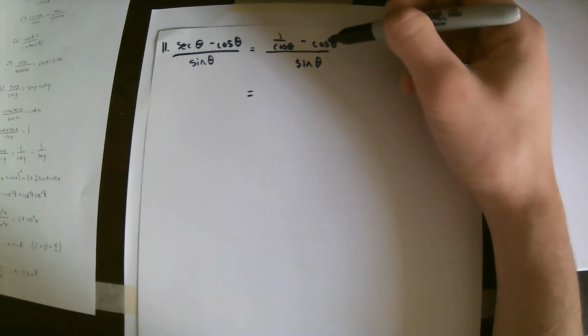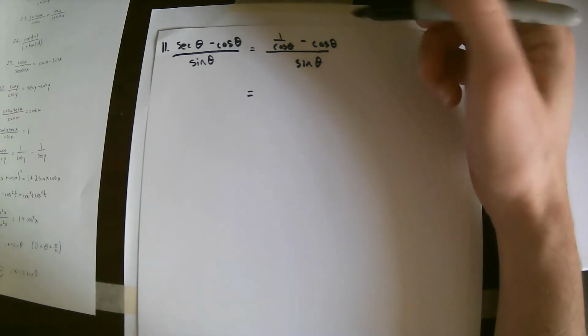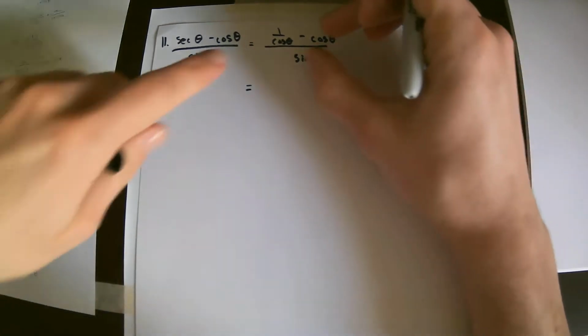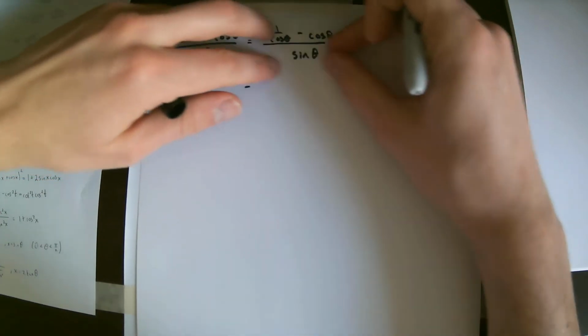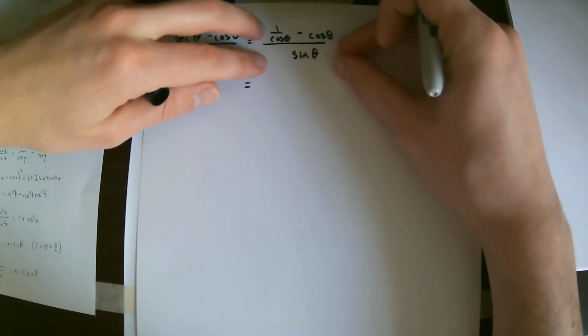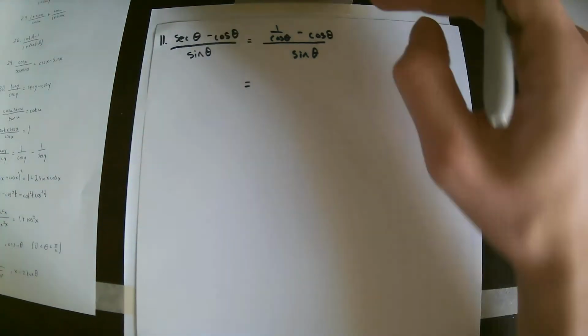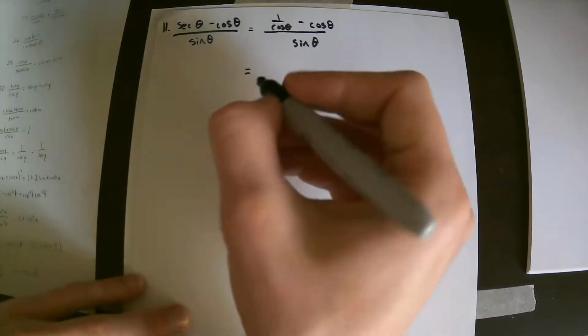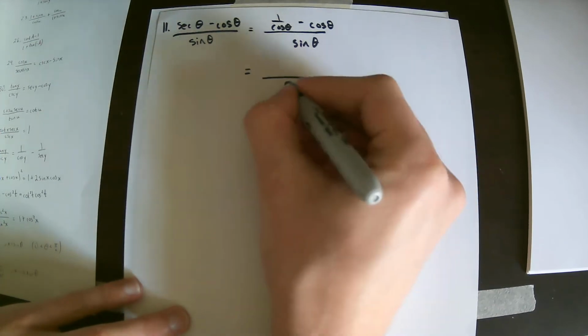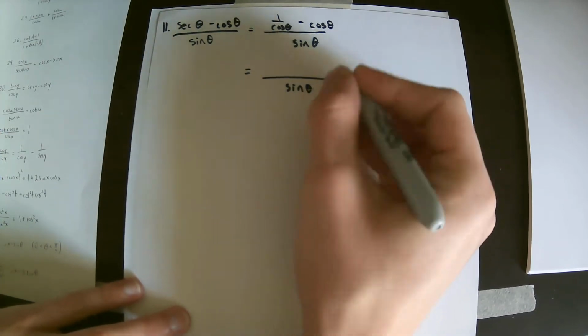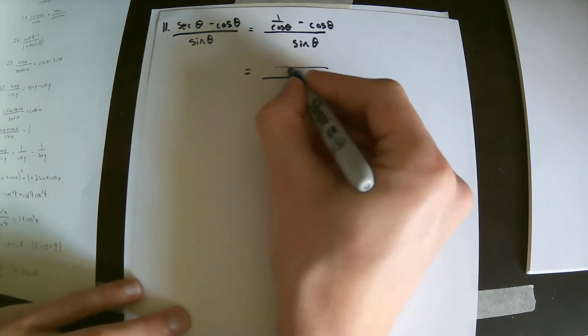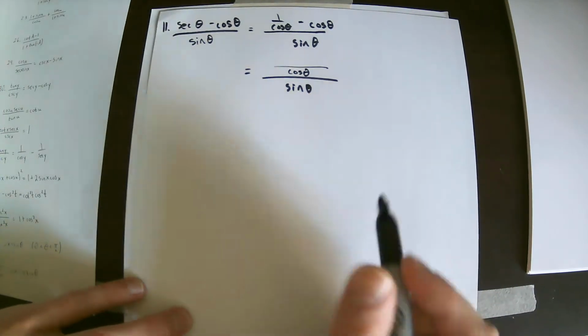But we could also pull this fraction apart and write it as 1 over cosine theta over sine theta, and then cosine theta over sine theta. So two different ways of doing it. I'm going to go with the first way, of getting a common denominator of cosine theta in the numerator up here.